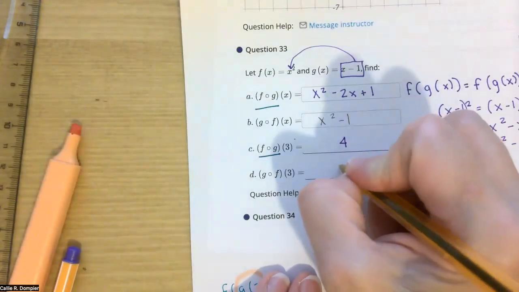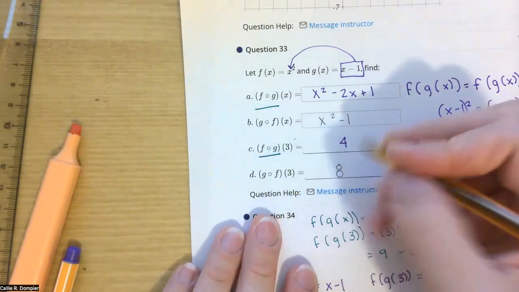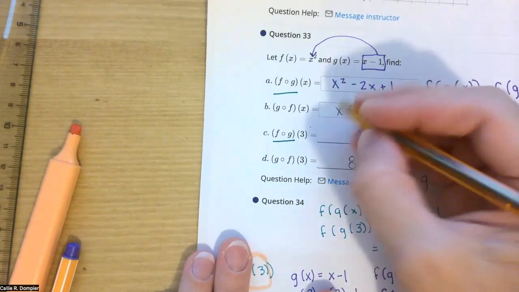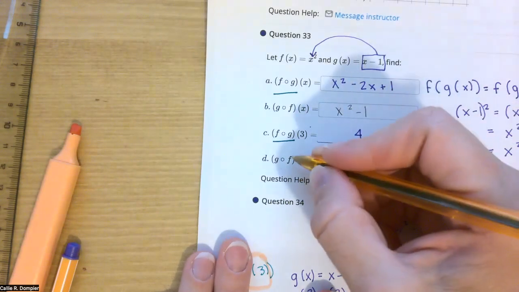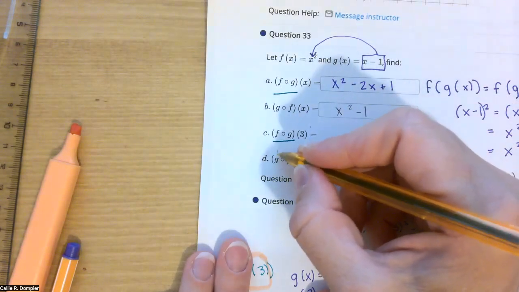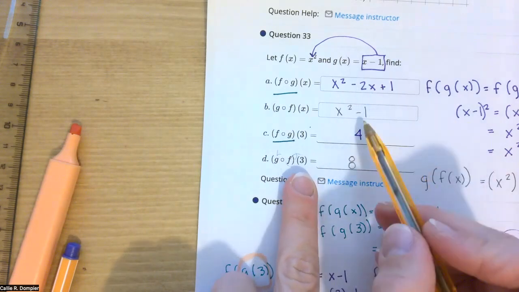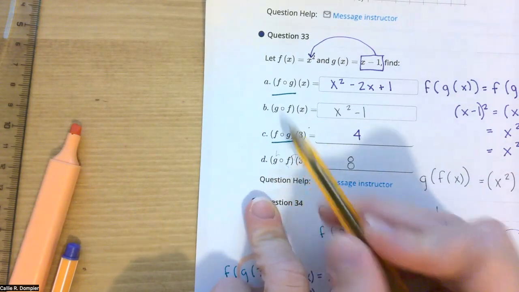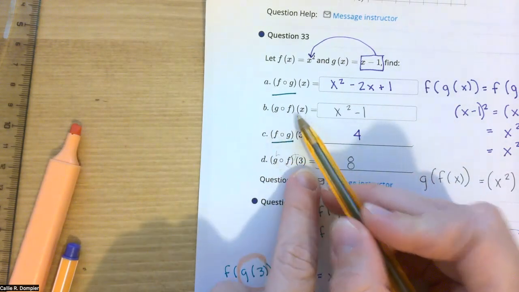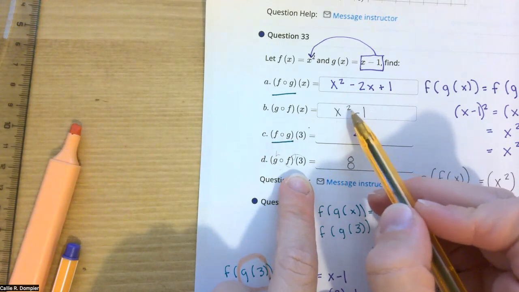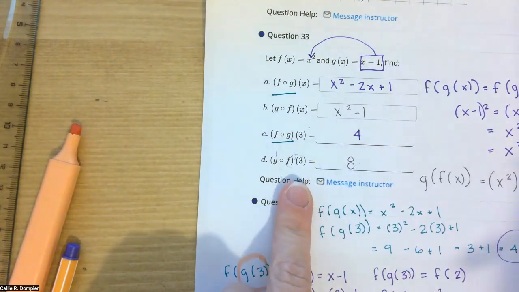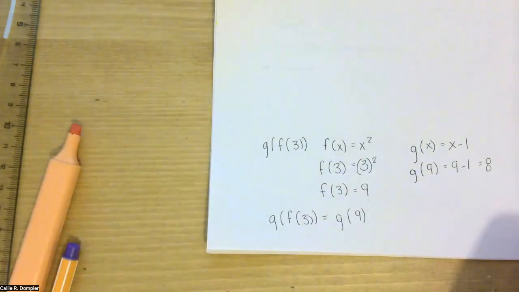So here we have 8. And again, instead of solving f of 3 and then putting that into g, we could also just take 3 and put it into the equation we already found for g of f. x becomes 3. 3 squared is 9. 9 minus 1 is 8. So you get that same answer. All right.